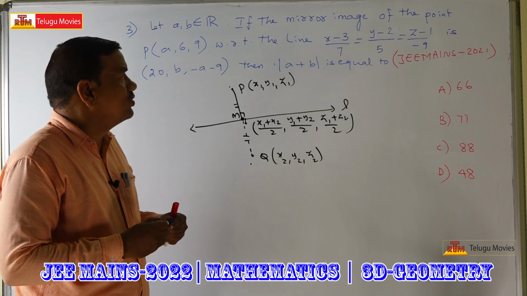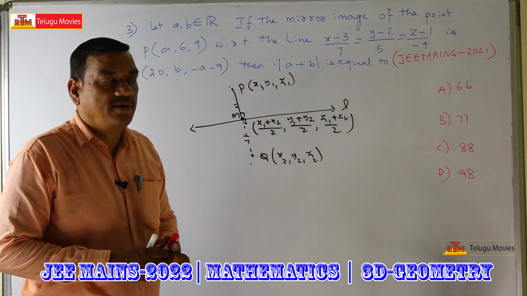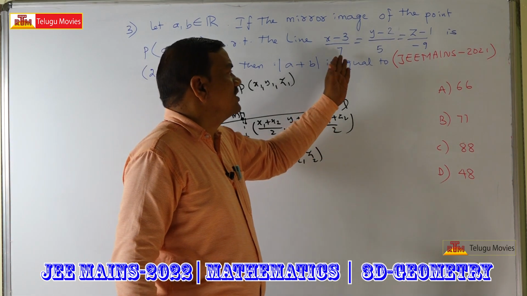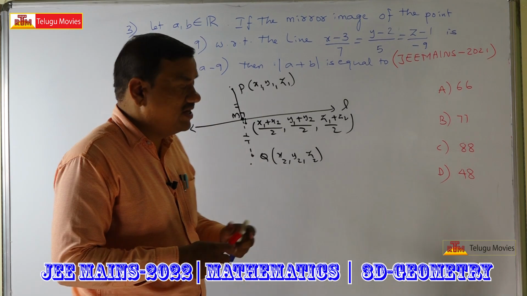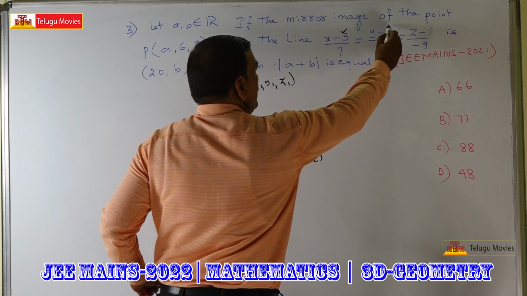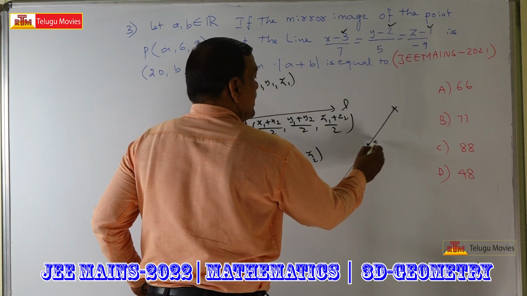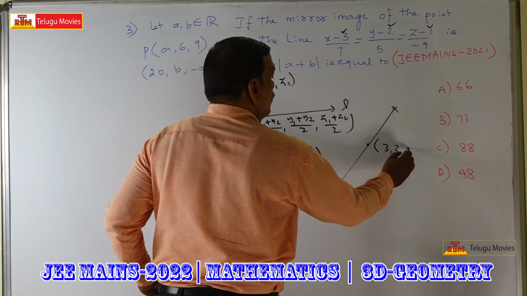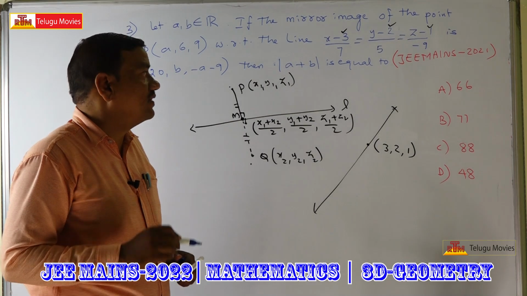Moreover, this is the equation of the line in three-dimensional space. So, you should know what these values are: 7, 5, minus 9, 3, 2, minus 1. What do these values mean? The values 3, 2, minus 1 are a point on the line, one of the points on the line.